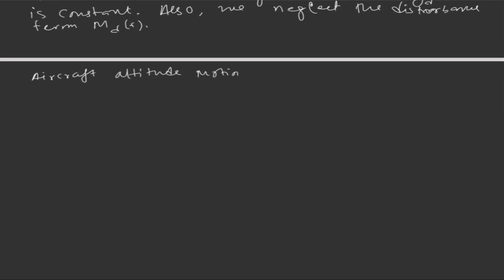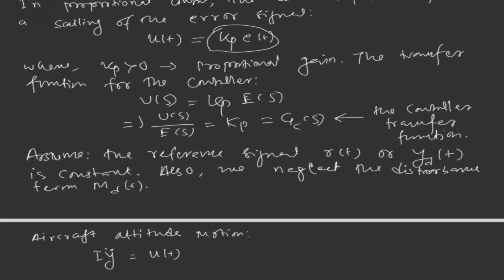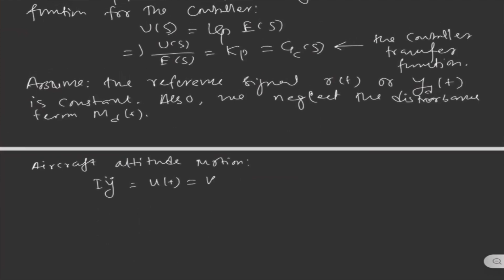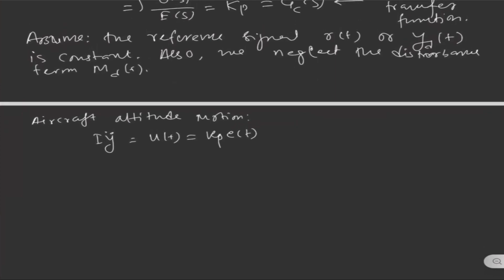We can write I y double dot equal to the control, because we are not assuming the disturbance. The control is K e of t, so we can write Kp e of t, and e of t is r of t minus y of t. Here r is constant, so we can simply write r.